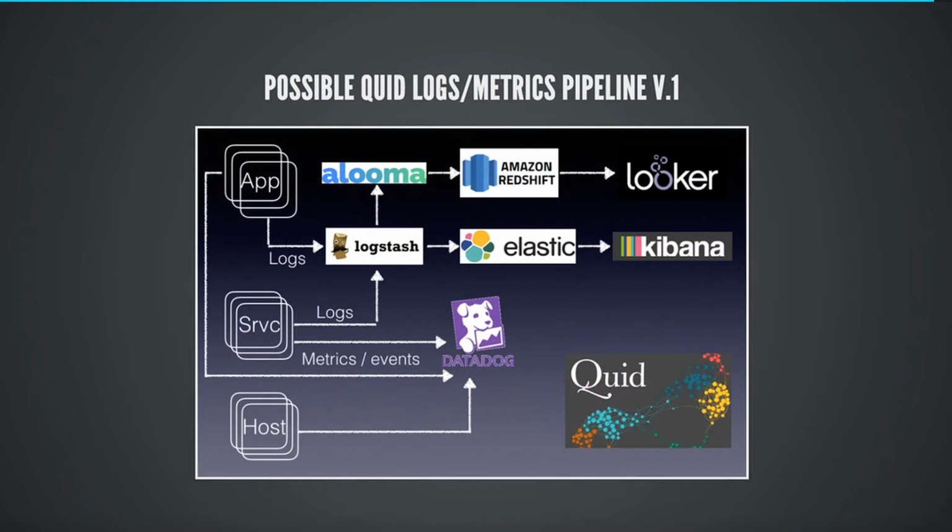And so this is what our pipeline for logs and metrics would look like if we went with Datadog. It would replace New Relic for us and handle the custom metrics and events from our applications, either through Logstash or directly by posting to their API, and cover the host and service level metrics as well.